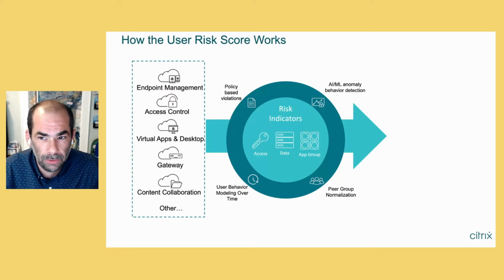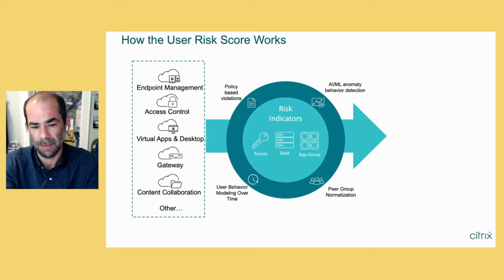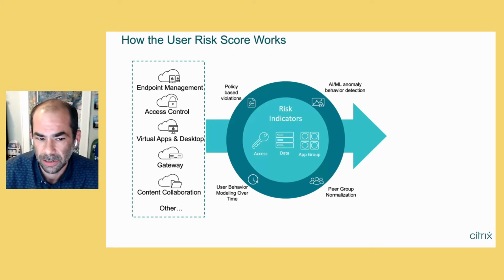So if you think about users uploading or downloading, file names changing, all kinds of details around browsing out to OneDrive for Business, for example, on an excessive basis. These are all different types of events that come into there. And these kind of map to different risk indicators that are in the platform.